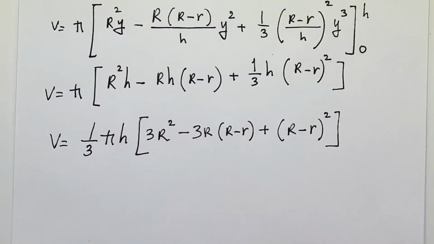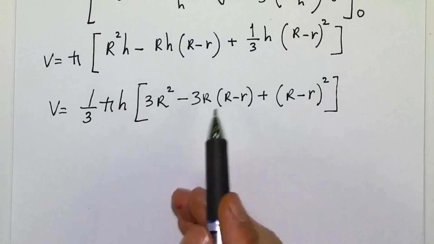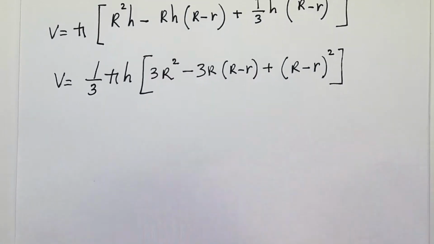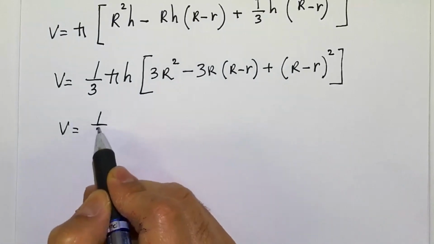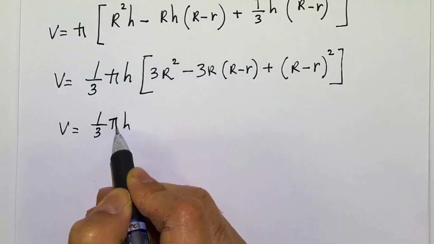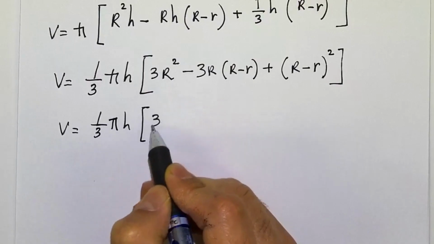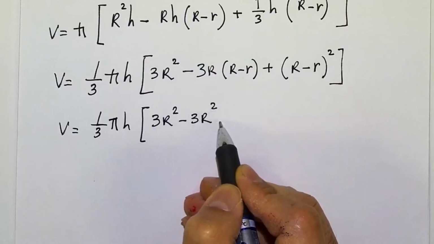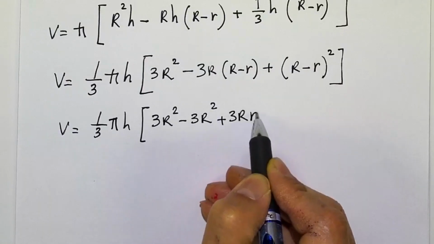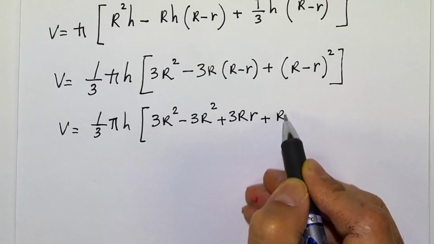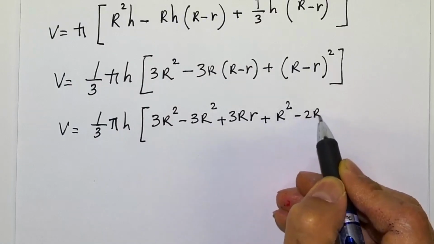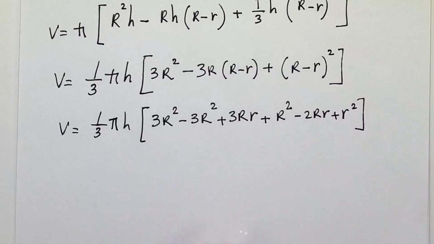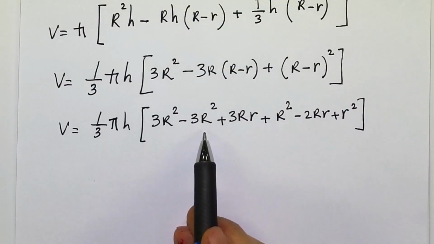So then, if we distribute this, let's do that and then simplify things a little more. So we'll end up with 3r squared minus 3r squared plus that, plus r squared minus plus r squared, right? Just double checking here.